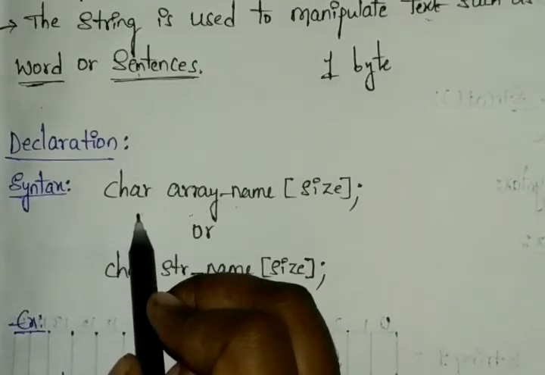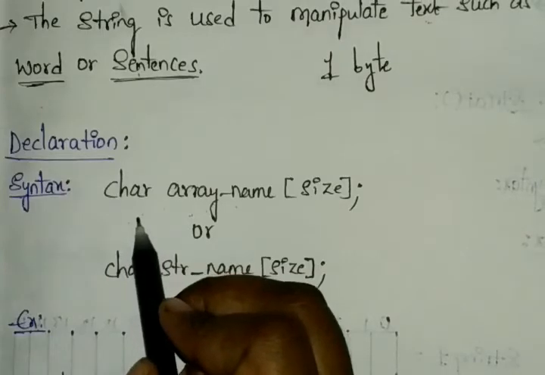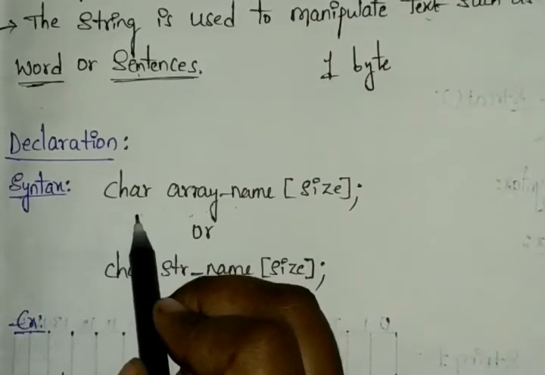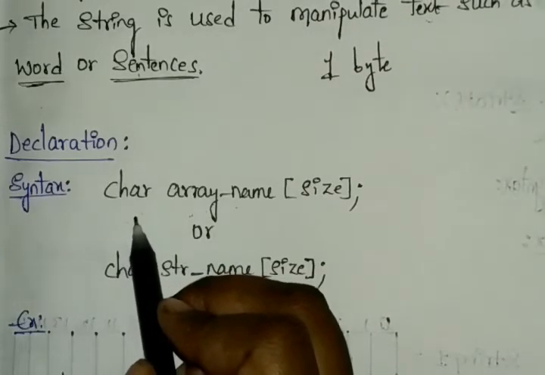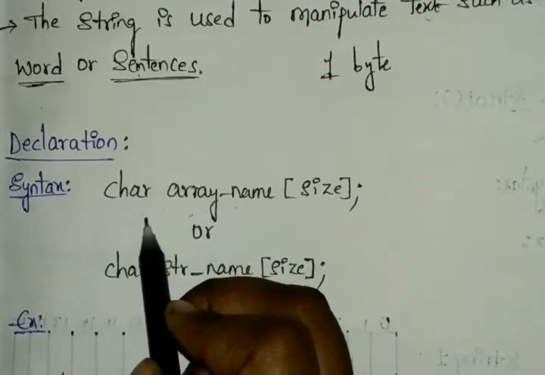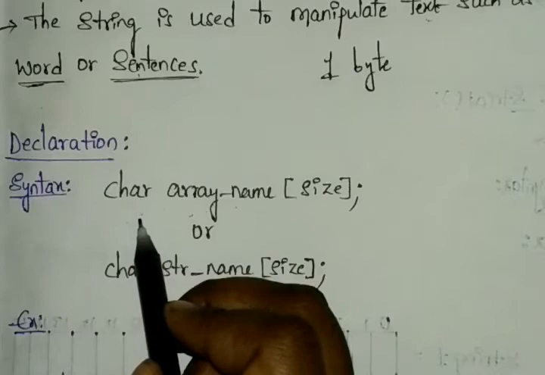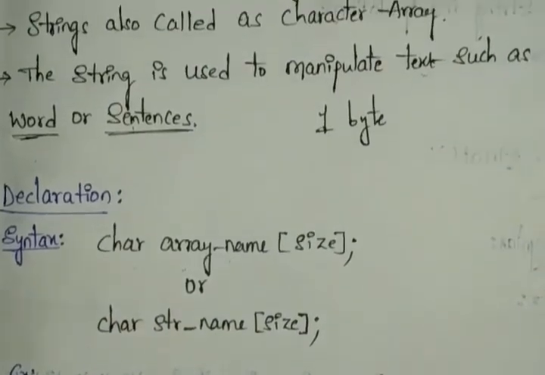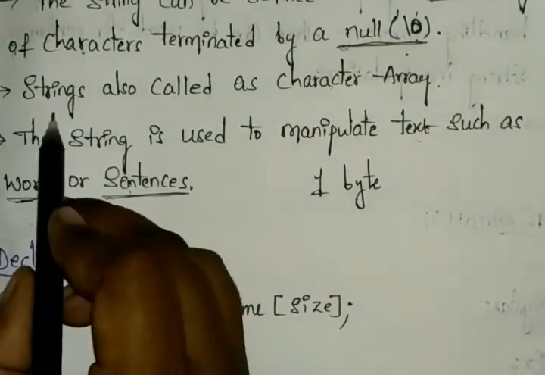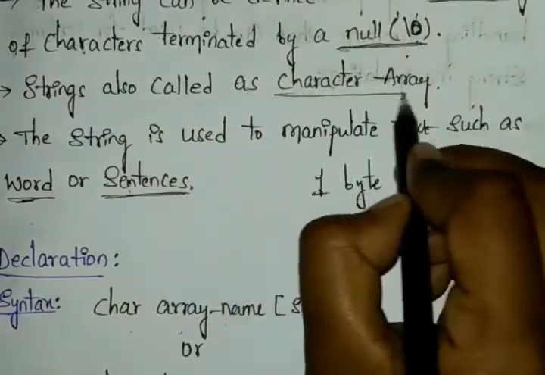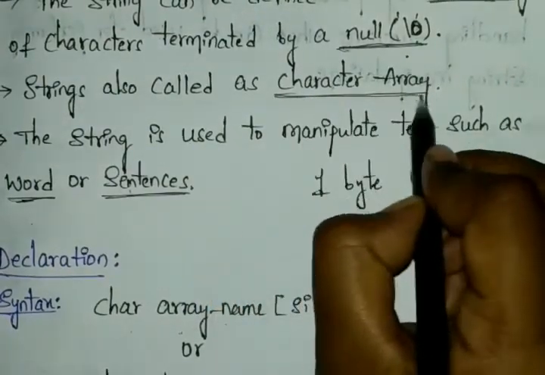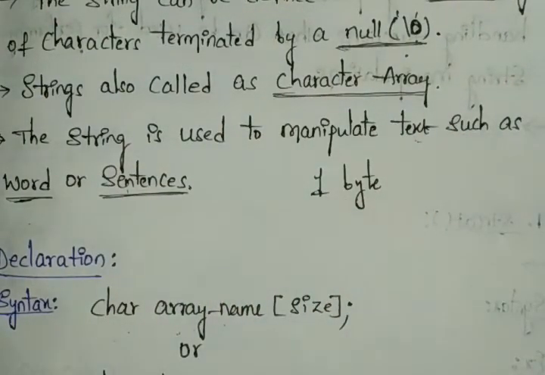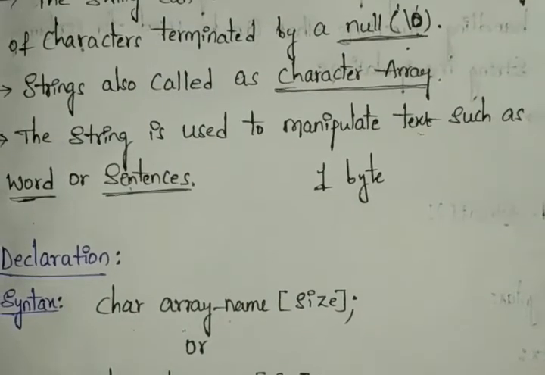By default, in C we are not creating strings directly with a data type; we use the character data type. The string is also called a character array. Whatever strings you have, we can call character arrays.